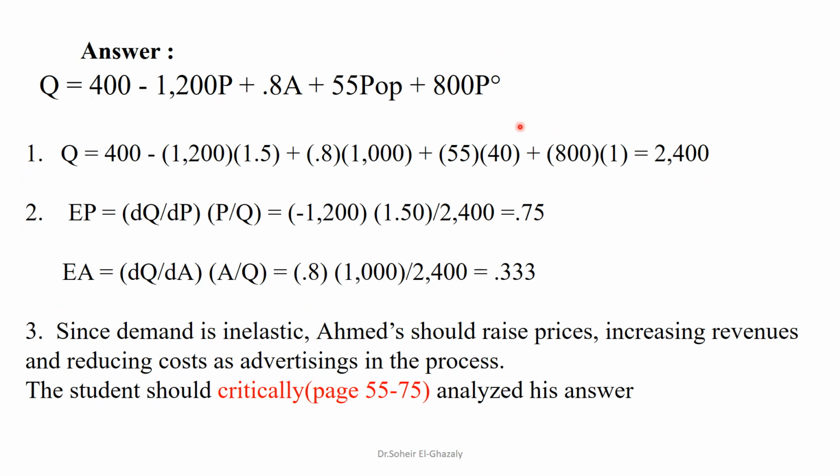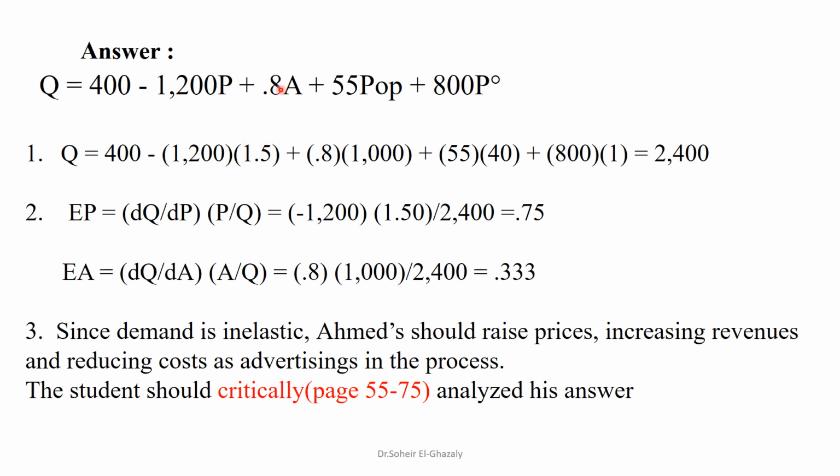This is the equation. I'm going to represent P, what we have here. This is 400 here, minus, go down, 1,000 to 1,200 to go down. P is the price for the shawarma sandwiches Ahmed is selling. I said it's $1.50.